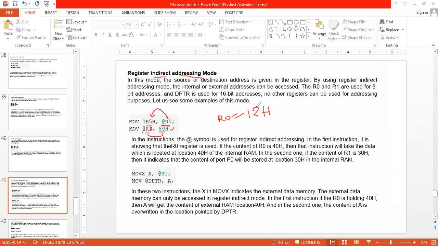So now 12H is not going to be stored into E5H, but before that, 12H is considered as a memory location address. From that address, whatever the data is there, that is going to be stored into E5H.